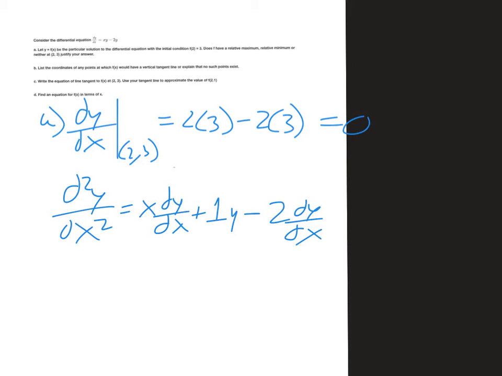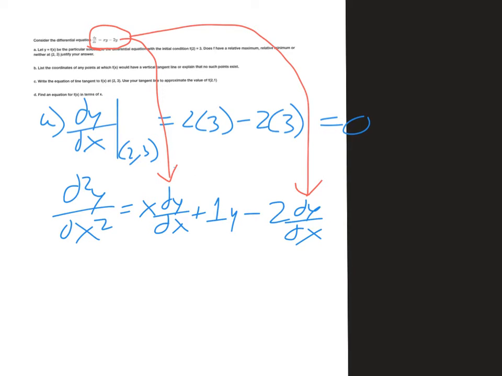Now, sometimes when we do a problem like this, we actually need to take the equation for dy/dx and plug it in where we see the dy/dx's in our second derivative. But in this case, it's much easier to just plug in the known value of dy/dx at that point. We know that at the point we're interested in, (2, 3), dy/dx is actually 0.